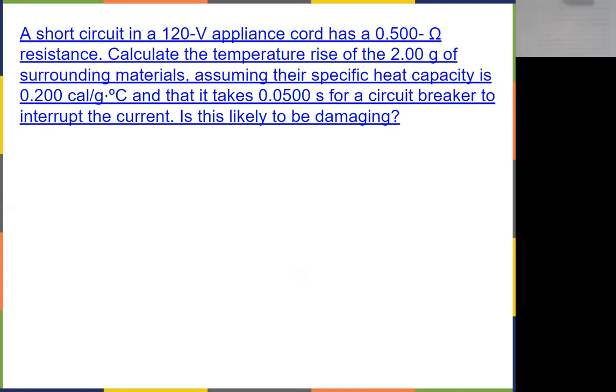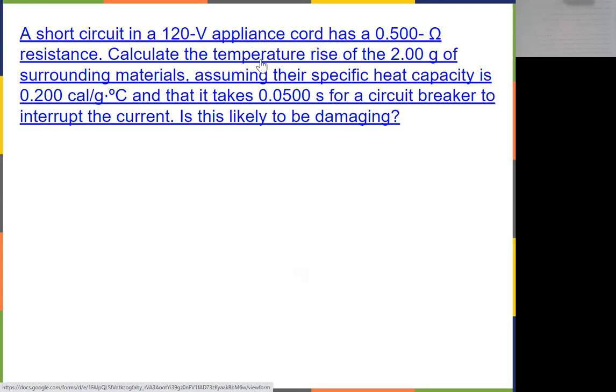When a short circuit happens to a 120 volts appliance cord, actually the wire, not the appliance itself, that has a 0.500 ohms resistance, the two wires are in direct contact with only a very small resistance. So the electricity goes through the wire from one wire to the other directly through this small resistance rather than going through the appliance.